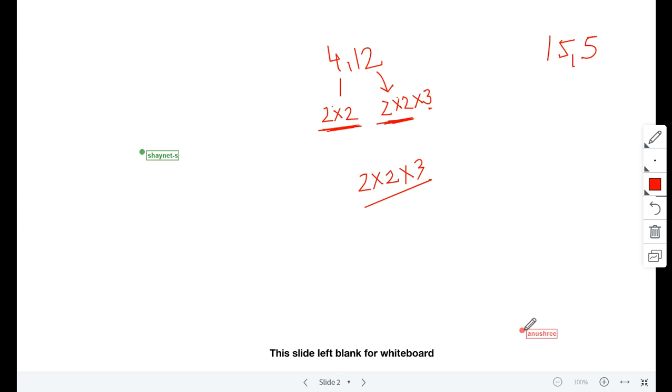Tell me in the same manner. First, write the factors. What are the factors of 15? First, tell me the factors of 15. What are the factors of 15? Yes, 5, 3, 1, 5.